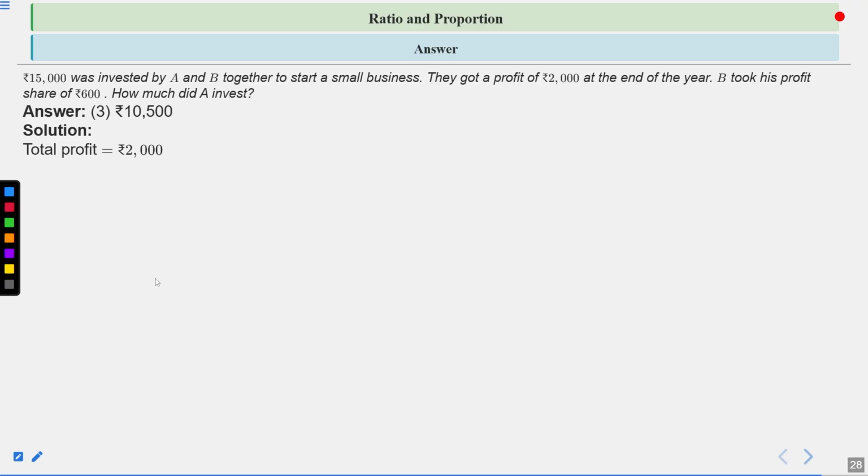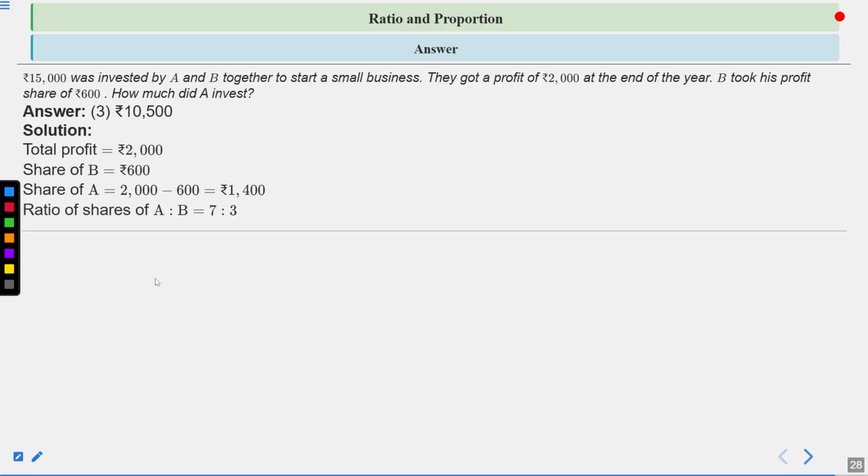So the total profit is given, which is 2,000, in which B takes 600 rupees. It means A takes 1,400 rupees. So the share of A will become 2,000 minus 600, which is equal to 1,400 rupees. So we make the ratio of profit, which is the ratio of the investment of A and B. So it will become 7:3.